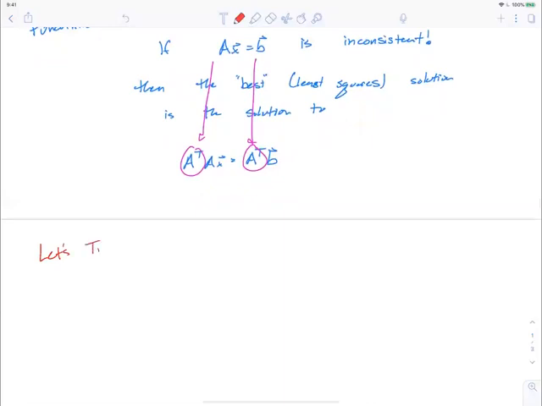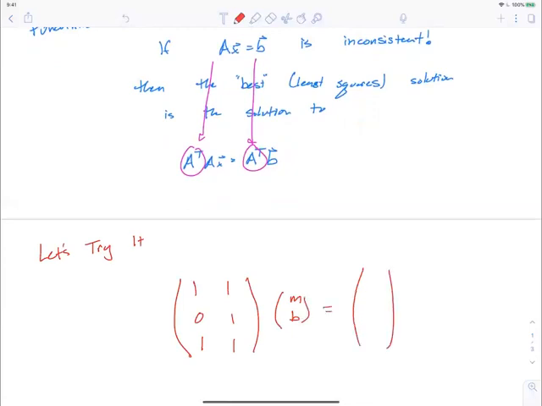So let's just try it. Beforehand, our A was this matrix, our X was our M and B, and the vector on the right was 3, 0, 0.